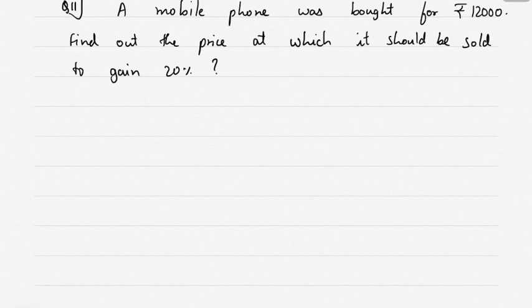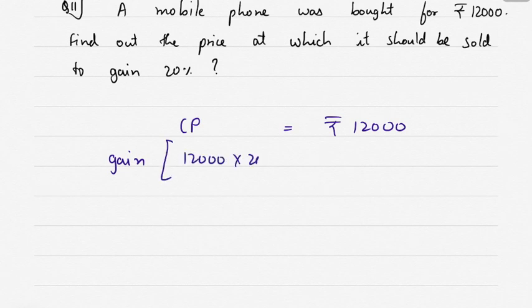So, cost price is equal to rupees 12,000. You want to make profit of 20%, right? So, gain would be 12,000 into 20%. So 12,000 into 20% is how much? 2,400.